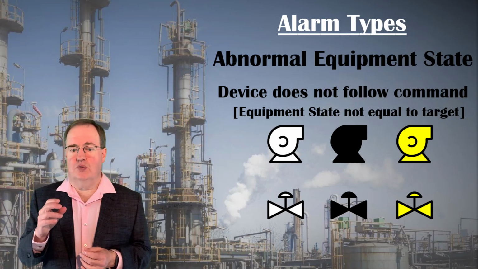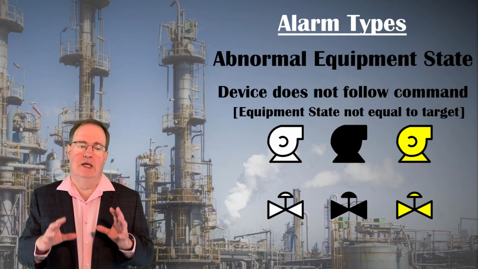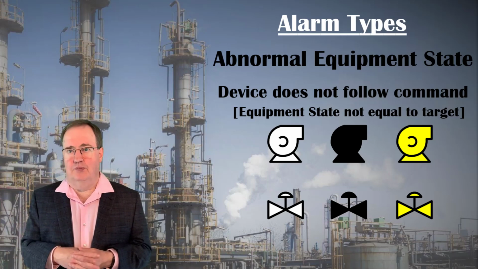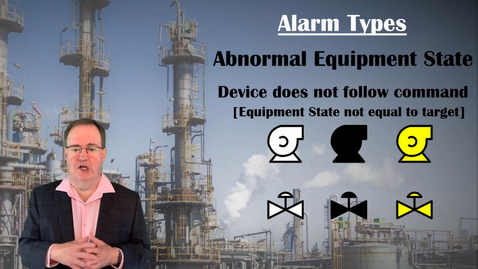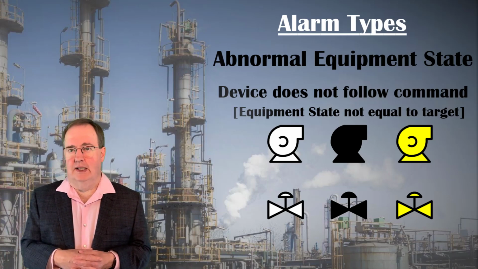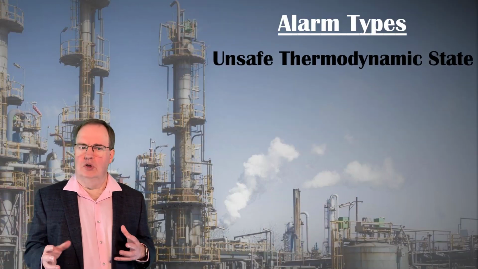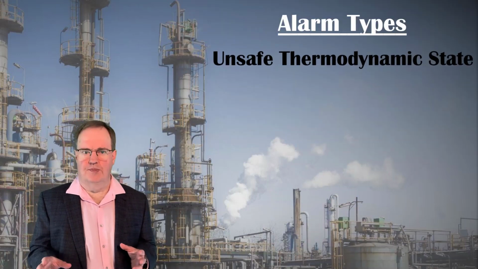Troubleshooting pieces of process equipment that fail to follow commands is a very common and important part of any operator's job. Prompt response by them can avoid a temporary process shutdown. Next, we have abnormal or unsafe thermodynamic state alarms.